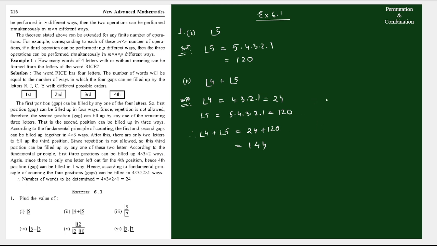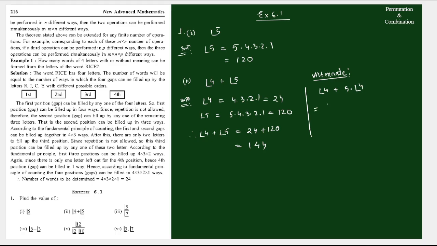So this one you can also do like this. This is an alternate method. Factorial 5 will be 5 into factorial 4.